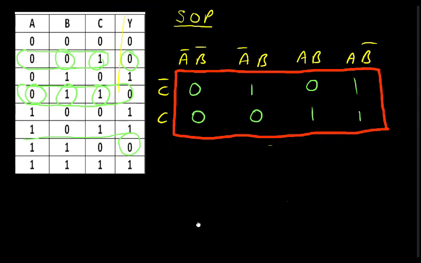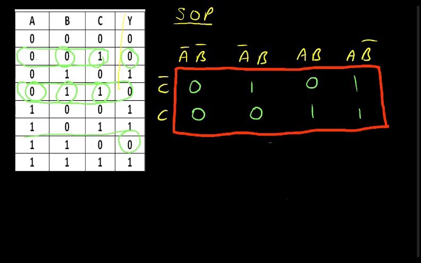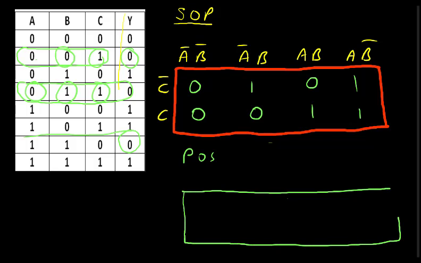Now this was SOP. What about POS? For POS, we do the same thing here and draw the K-map. What changes is this: here we have A bar dot, where the dot is understood to be there.